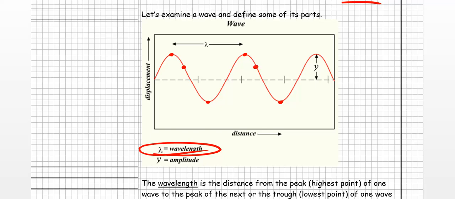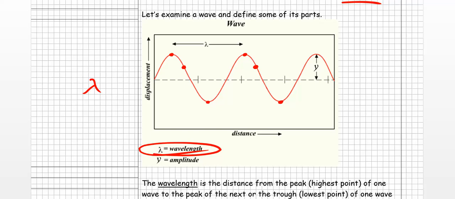All of those have the symbol lambda, and lambda is drawn or written like this. It's kind of like an upside down Y, right? So wavelength is the distance, usually in meters, from any point on the wave to a corresponding point on the next wave.